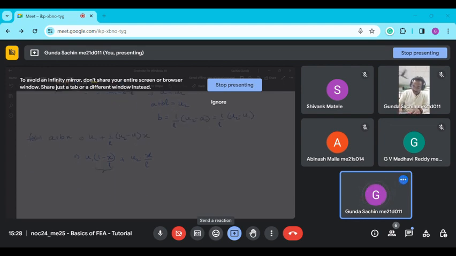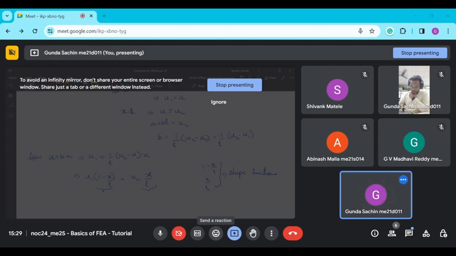We call these shape functions, where we get 1 minus x by L and x by L. We are just rewriting the interpolation in terms of the degrees of freedom at the corresponding nodes.